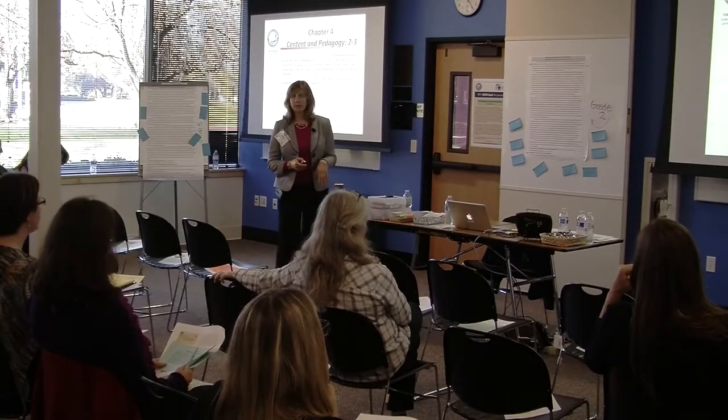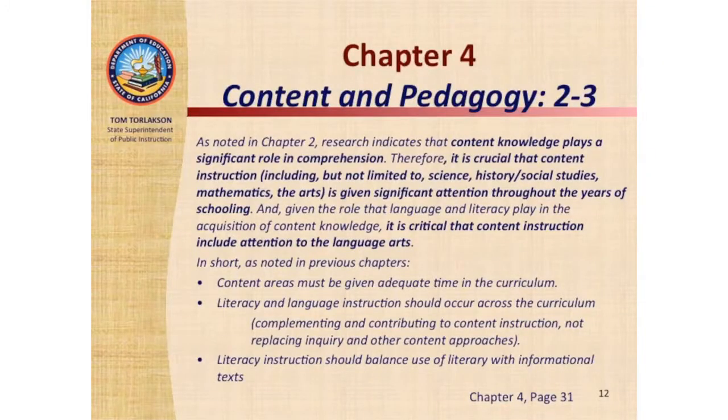How about anyone else from Chapter 3? Well, I had Chapter 3, and I wrote words like integrate. I wrote words like balance. The CCSS says 50% informational, 50% literary, and so they think you have to have 25 of this story and 25 of that story. It's not about that. It's about the time, which I circled, time in the school day.